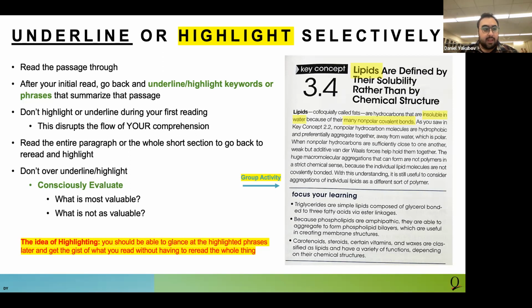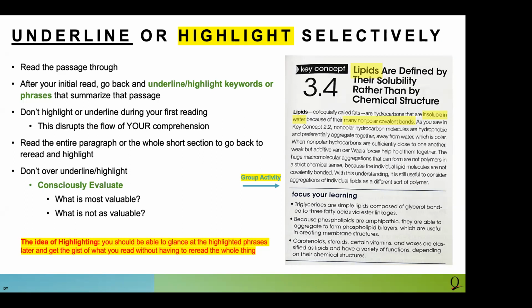Okay. So let's continue. As you saw in key concept 2.2, non-polar hydrocarbon molecules are hydrophobic and preferentially aggregate together away from water, which is polar. So from that sentence, what can we highlight? Non-polar hydrocarbon molecules are hydrophobic. Very good.